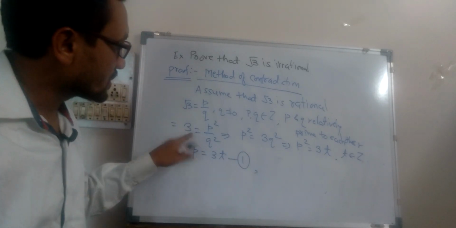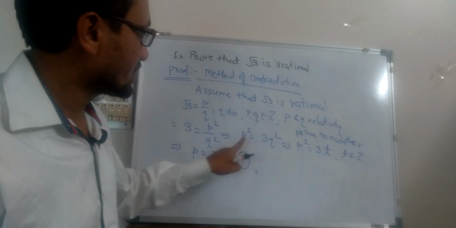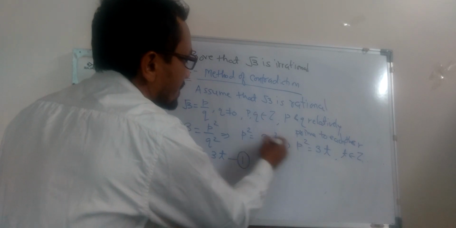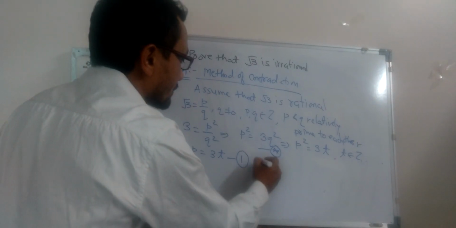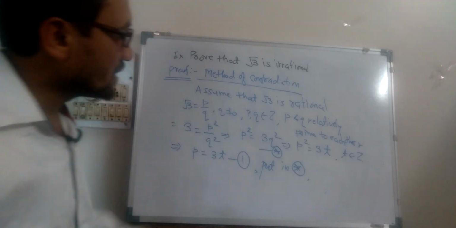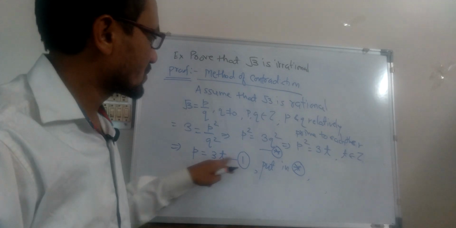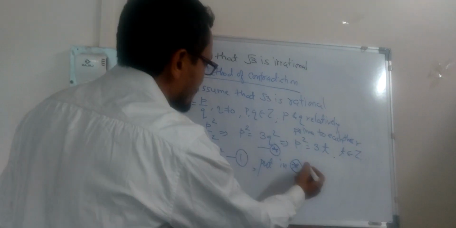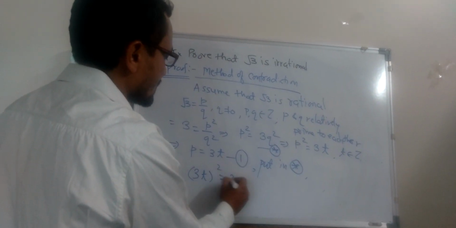Now again, using this, we have p equals 3t. We put this p in the equation p square equals 3q square, which we identify as star. Star is very important. Now if we put p equal to 3t in it, p square means 3t whole square equals 3q square.